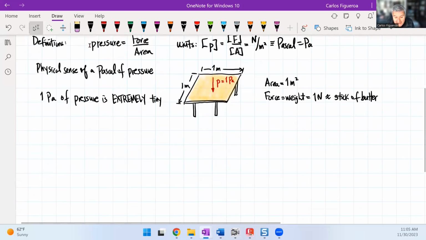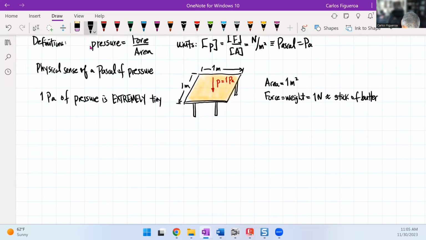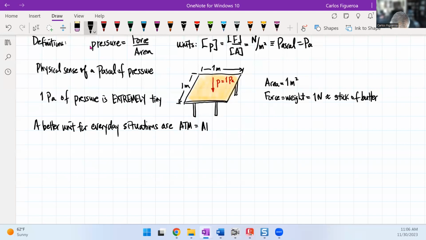So we need better units for everyday situations. A better unit for everyday situations, they call them atmospheres, ATMs, an atmosphere or atmospheric pressure unit.